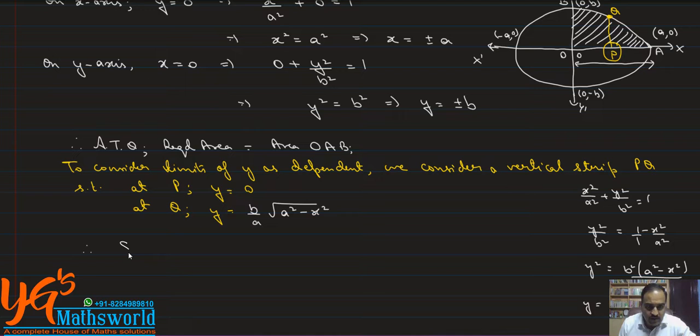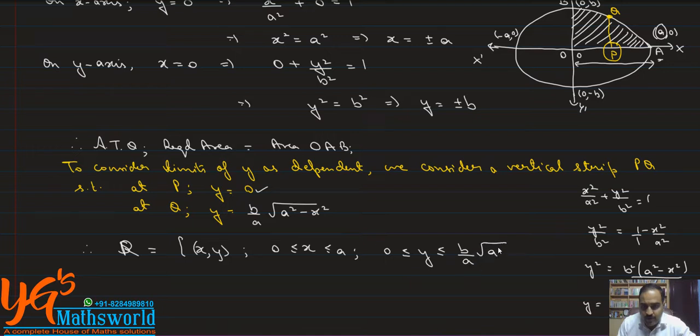Therefore, the region R, which is being provided in the statement, is the Cartesian coordinates x and y such that the limits of x vary from 0 to this point A, that is small a, and the value of y varies from 0 to b upon a root of a square minus x square.